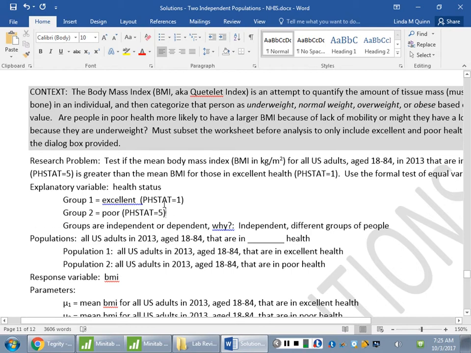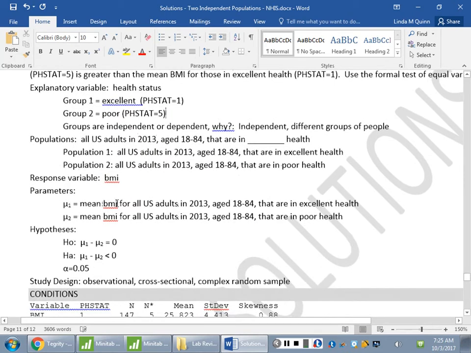Our populations are all people in excellent health and all people in poor health, and our response variable is BMI. So our parameters: the keyword is mean, variable BMI, and our two populations.